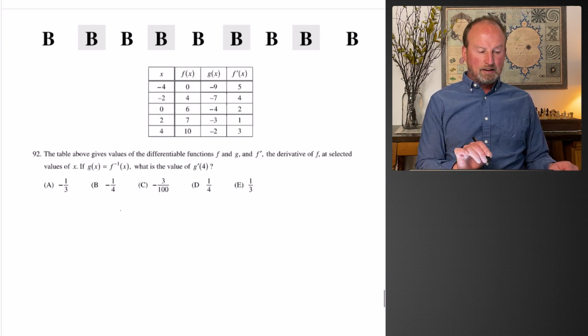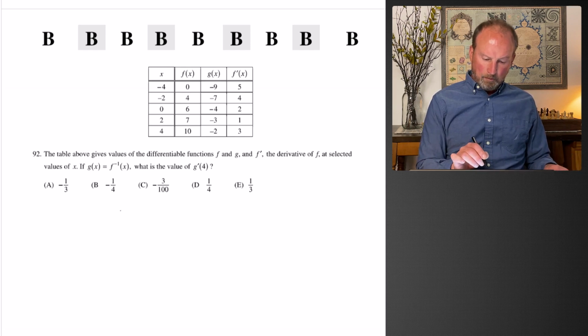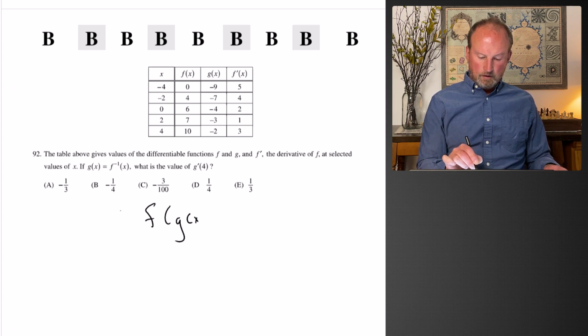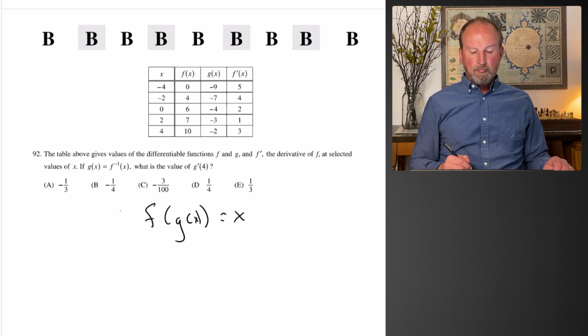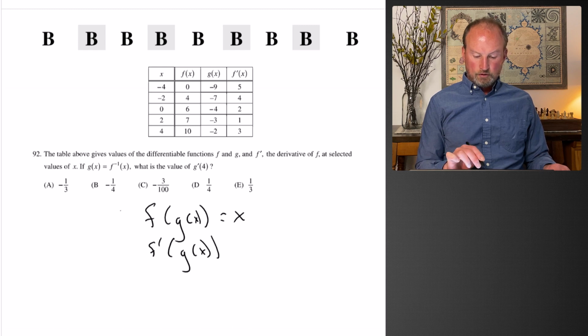So if G and F are inverses, then the composition of G and F gives me X. Taking the derivative of that then, F prime of G of X, chain rule, derivative of the outside function, times the derivative of the inside function, and the derivative of X is 1.